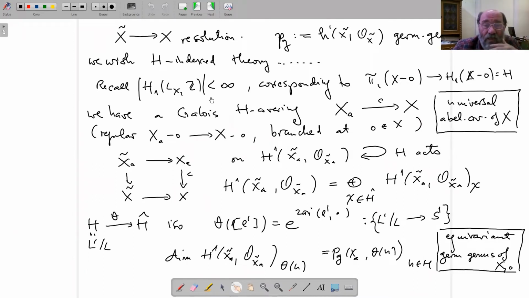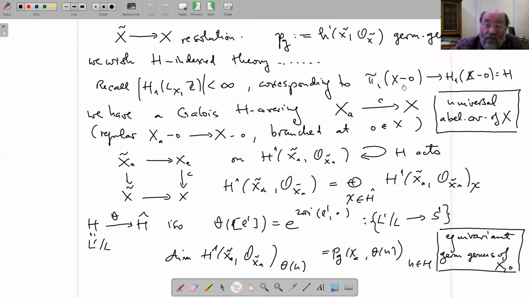Because this H1 is finite, I can consider, at the level of the link, the universal abelian cover. So pi1 projects onto H1, and that has a kernel, and that provides an unramified regular covering; also on the regular part X minus 0, we will have a regular covering.